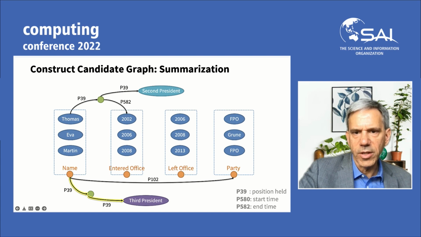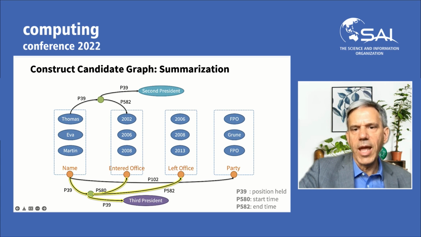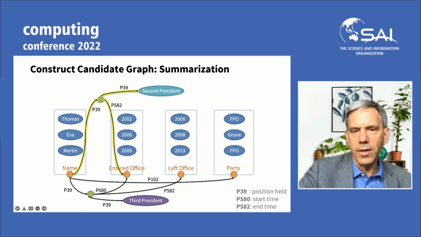So it only covers the 2002 and doesn't explain the 2006 year. So it's not really as good an explanation. Whereas because he became second president after he was third president, he would show up as both. And so here, you can see that the other two entities here cover both the entered office and left office.